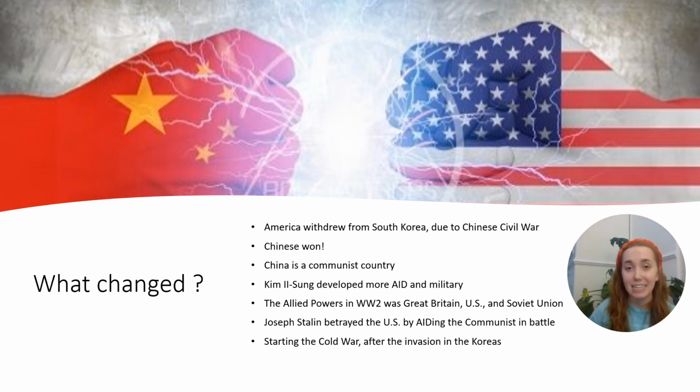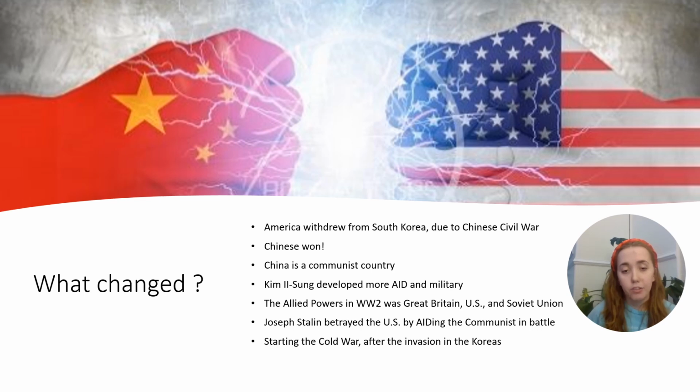They didn't really have any supplies to defend themselves if something were to happen, like later on. And the Chinese won, which made China a communist country. Kim Il-sung developed more aid and military to invade his neighboring country, South Korea.